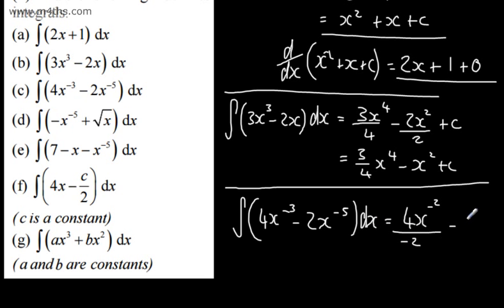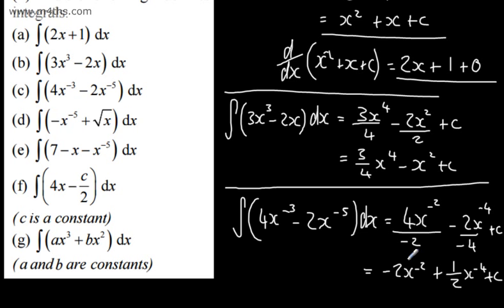Then we're going to subtract from that 2x to the power of -4, raising by a power, dividing by the new power, and adding a constant of integration. So tidying up, we're going to have -2x to the power of -2. We've got two negatives, so it's going to be plus 1/2 x to the -4 plus a constant of integration.